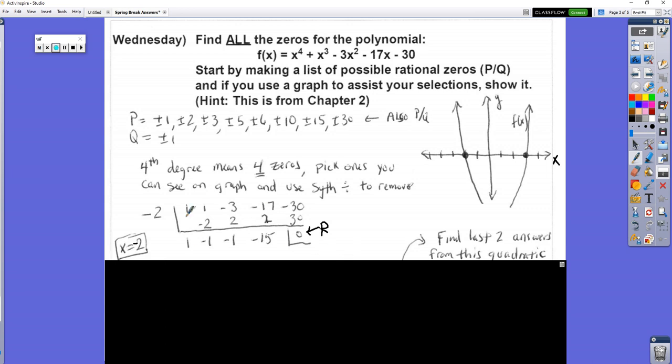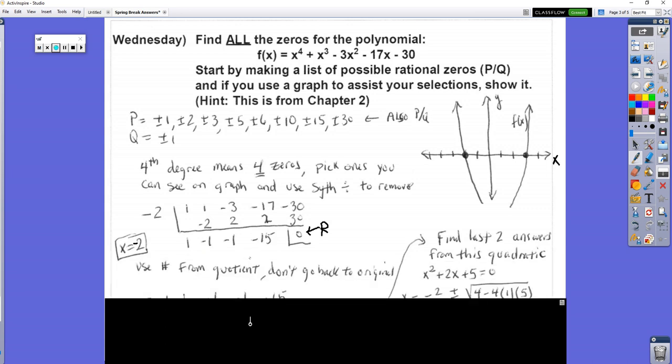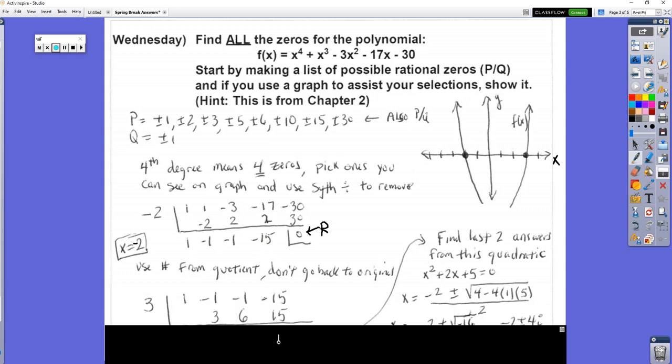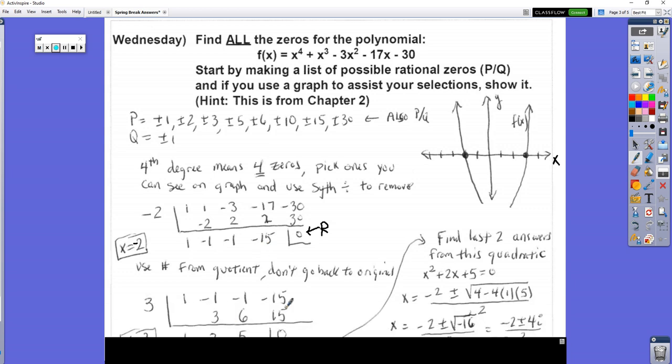When you've completed one successful synthetic division, don't ever go back to the original coefficients anymore. What you want to do next is pick up with the coefficients where you left off. So use the numbers from your previous quotient. Don't go back to the original. So I'm going to use this 1, negative 1, negative 1, negative 15 as the numbers inside of my next synthetic division.